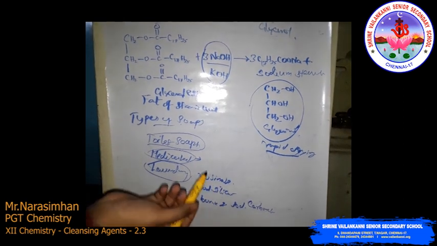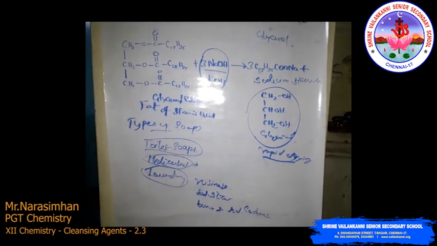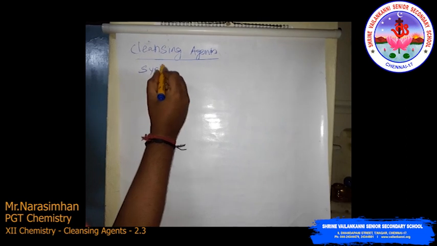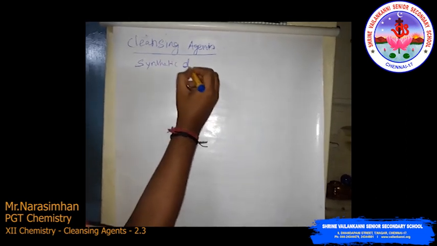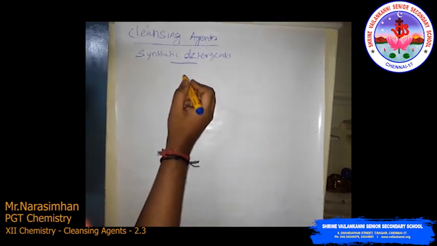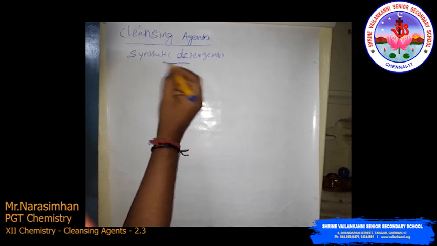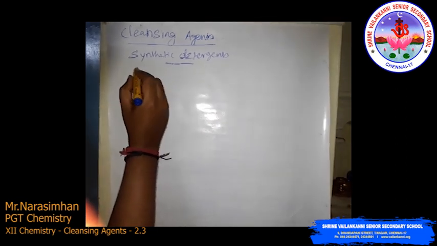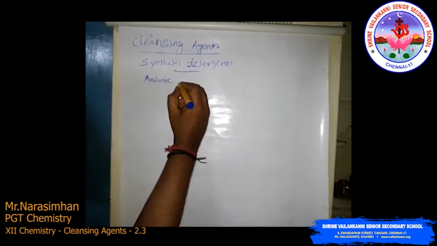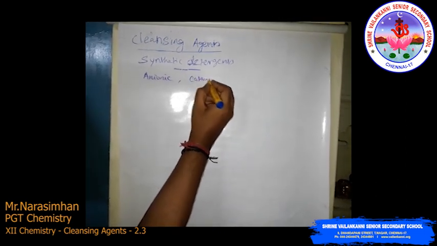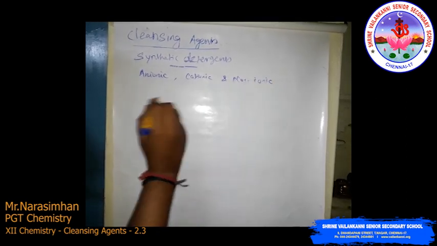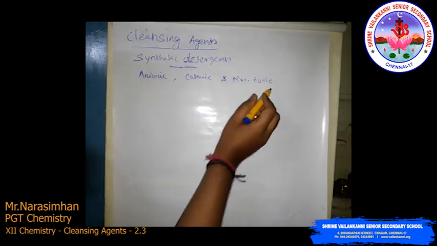What are detergents? These are synthetic detergents. Synthetic detergents are mainly classified into three types: anionic, cationic, and non-ionic.